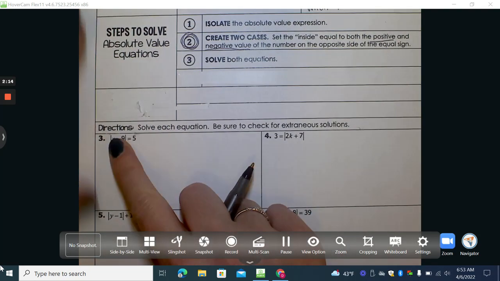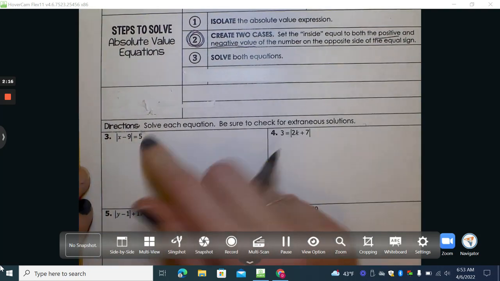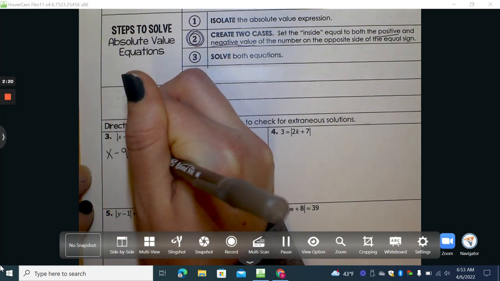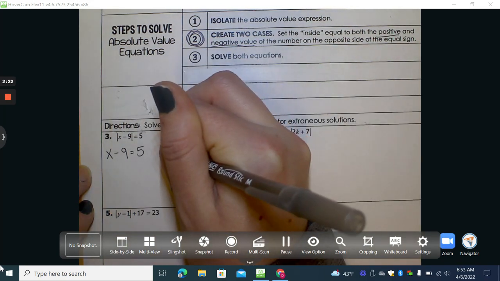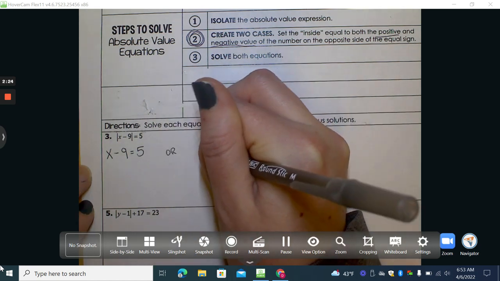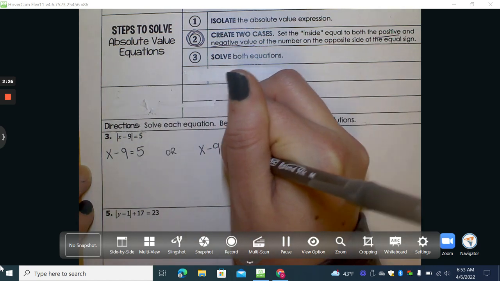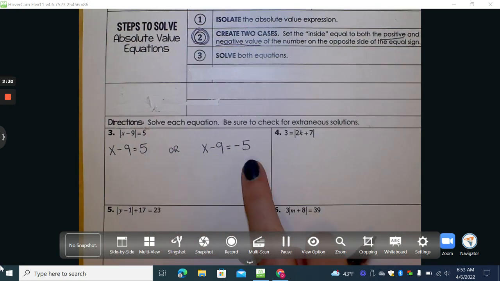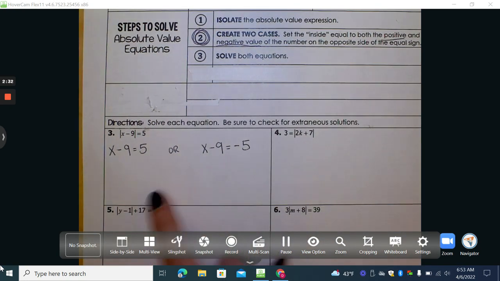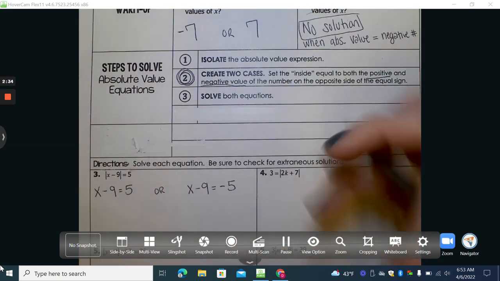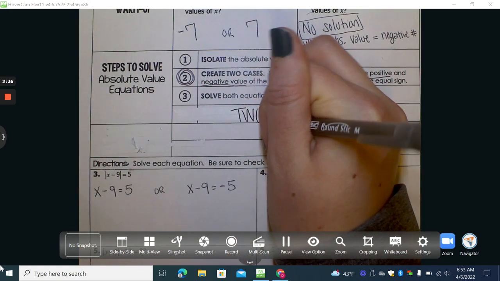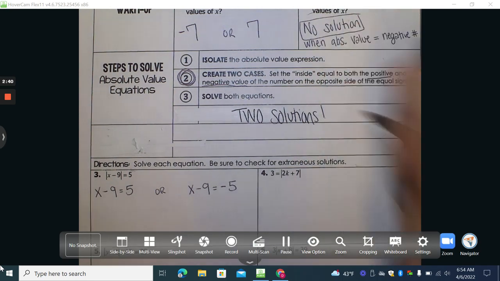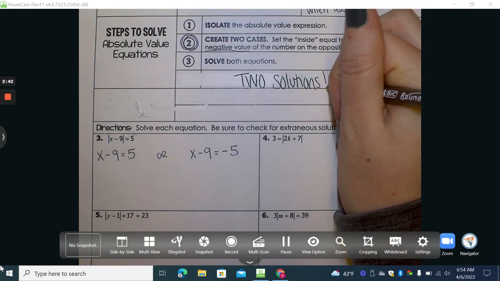So when I have x minus 9 equal to 5, what I'm actually going to solve for is the equation x minus 9 equals 5, or I'm also going to get this equation x minus 9 equals negative 5. Both are going to give us one solution. I'm going to end up getting two solutions for my absolute value symbols.